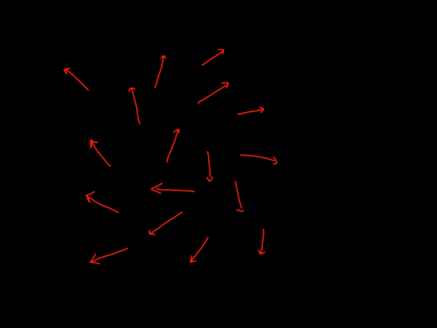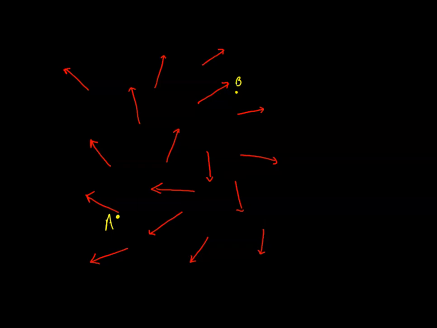Now, to see why this is important, let's consider the case where the vector field is that of force. Force is said to be conservative if the amount of work done to move from one point to another, say from point A here to point B over here, is the same regardless of the path taken. So here you can see that the path matters.